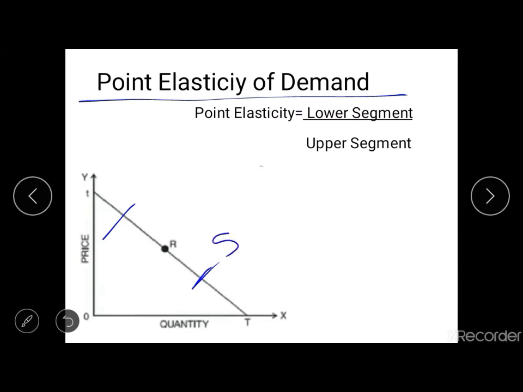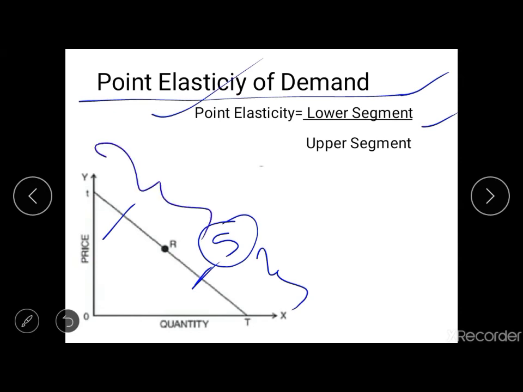Let's call it S. The formula for calculating point elasticity is the lower segment divided by the upper segment. For point S, the lower segment would be ST and the upper segment would be St.